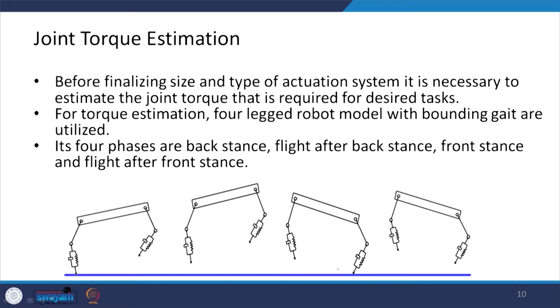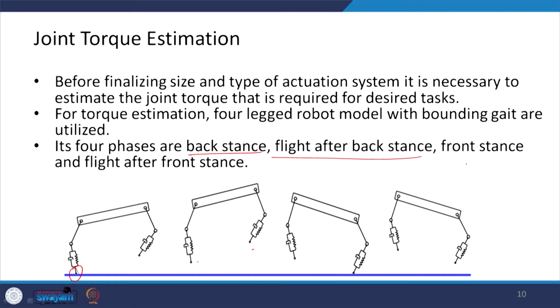The four-legged robot here we modeled with the bounding gait. And the four phases in case of bounding gait are basically: this is the back leg in contact with the ground, so we call it the back stance, and here both the legs are in the air, so this is the flight after back stance.